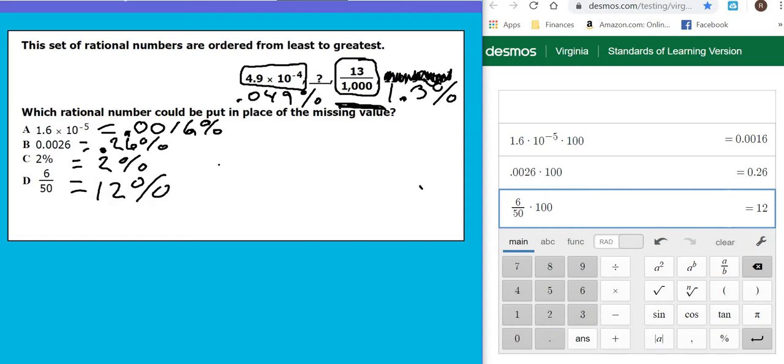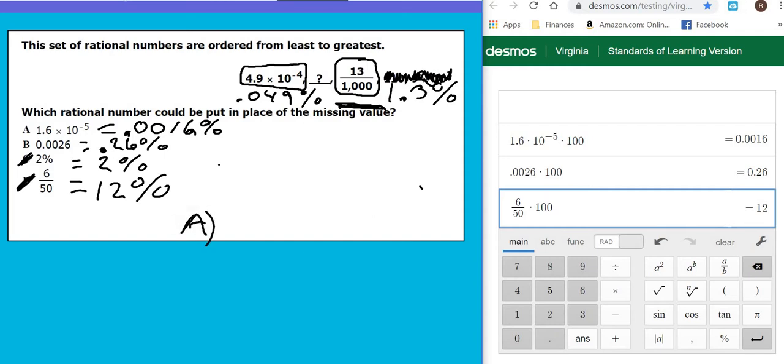Well, first of all, 12% is much bigger than 1.3, so that's not going to work. 2% is bigger than 1.3. So you come down to two choices, okay? I'm going to write them here.